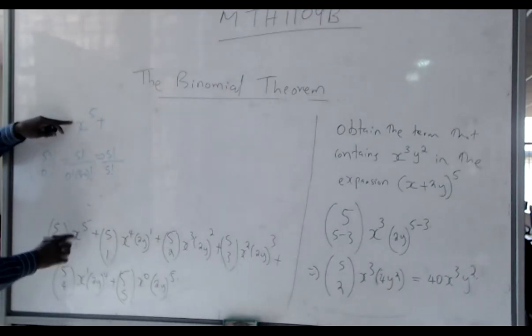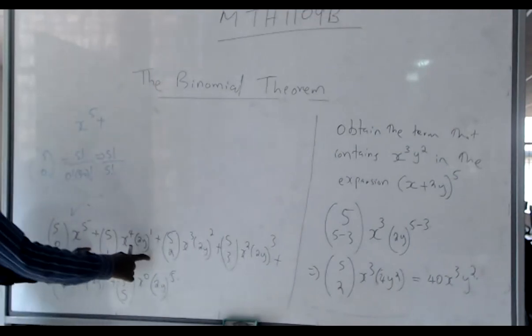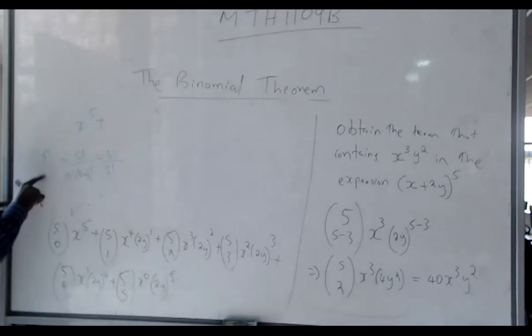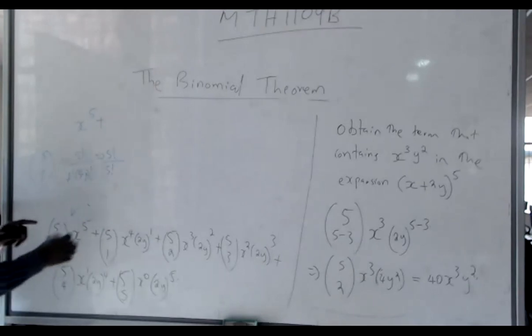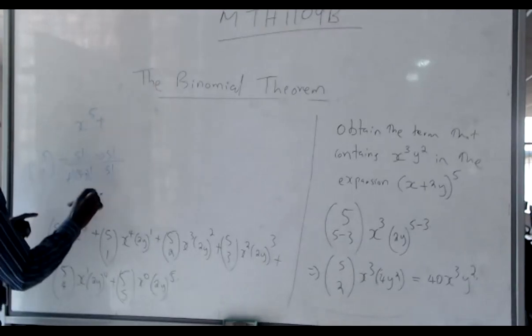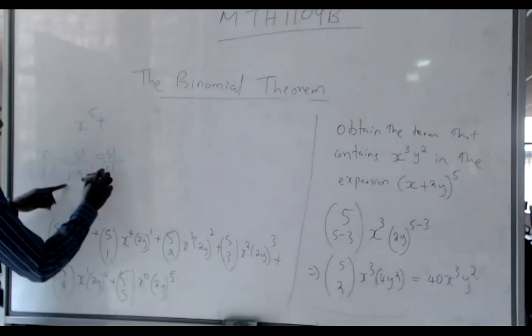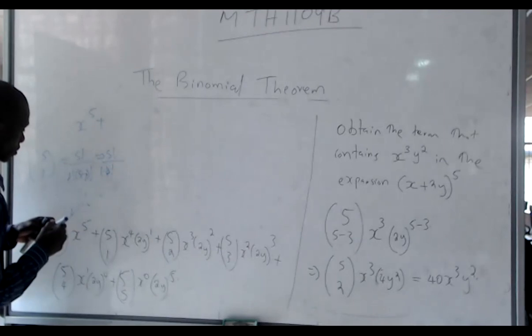Then I have x to the 5. So this term, we're done with that. We move to the second term, 5 combination 1. This should be 5 factorial divided by 1 times 4 factorial.